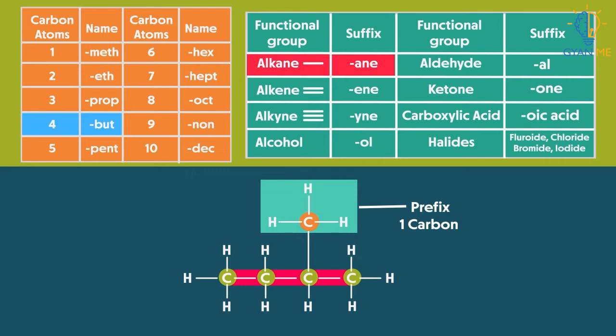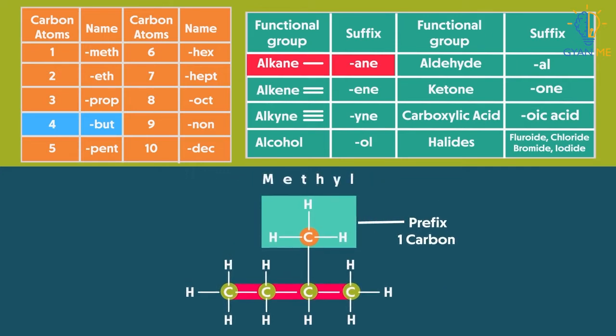What is the name of such an alkyl group? It's methyl. But wait, along with the prefix, we also have to give a number to this alkyl group. So let's count the number of this carbon on which the alkyl group is present. From the right, it will be 3, and from the left, it will be 2. So we take the lower, that is 2.